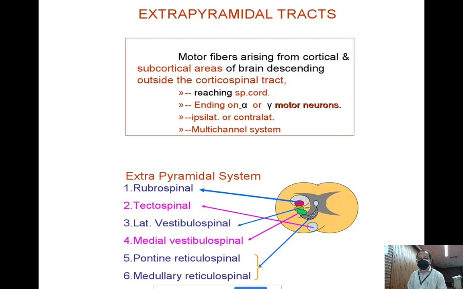The lateral descending basically consists of the corticospinal tract and the rubrospinal tract. The rubrospinal tract is an extrapyramidal tract, whereas the corticospinal tract is a pyramidal tract.